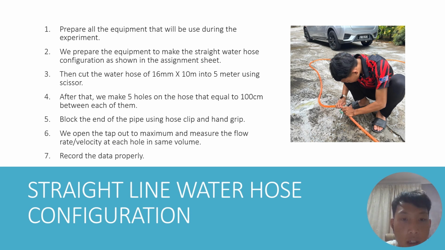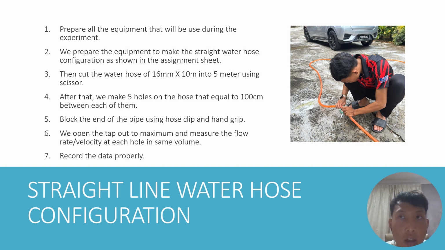Next, block the end of the pipe using hose clip and hand grip. We open the tap to maximum and measure the flow rate or velocity at each hole in the same volume. Record the data properly.